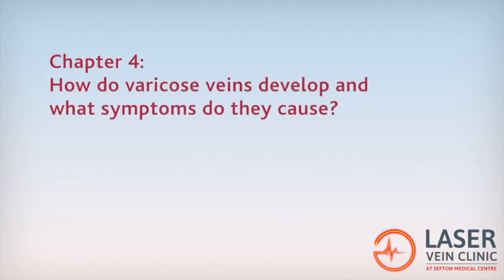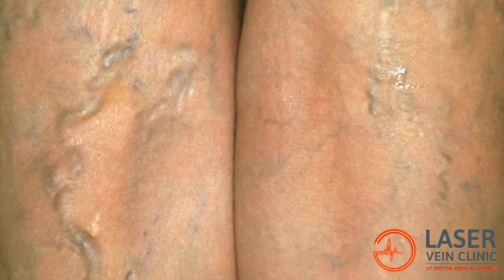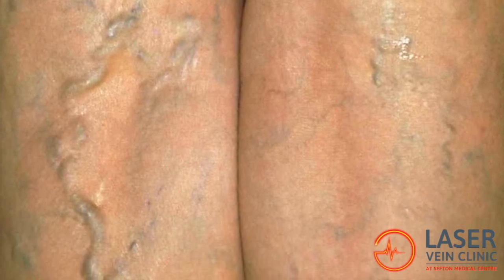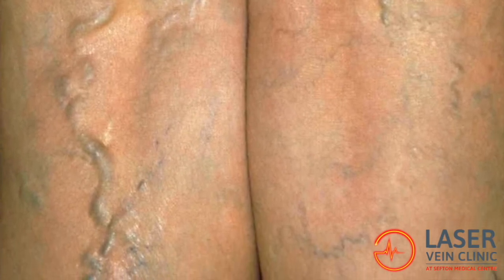How do varicose veins develop, and what symptoms do they cause? As we mentioned at the beginning, varicose veins are pathologically enlarged veins of the superficial venous system. Doctors refer to them as varicose veins or varices.